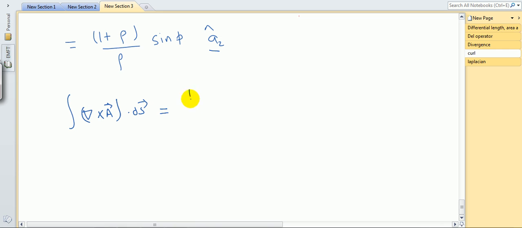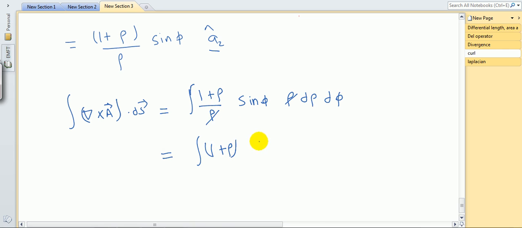So z component is there only, so az cap will become 1. So I will simply write the integration of 1 plus rho by rho sin phi, and the ds is rho d rho d phi, and this rho and this rho will get cancelled, and the remaining part is integration of 1 plus rho sin phi d rho d phi.